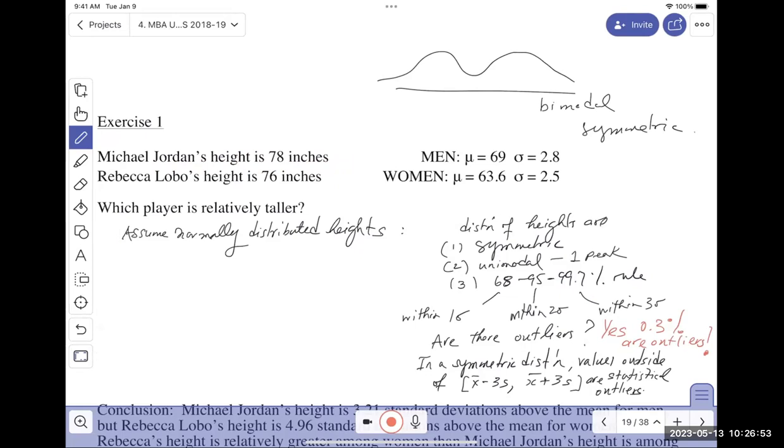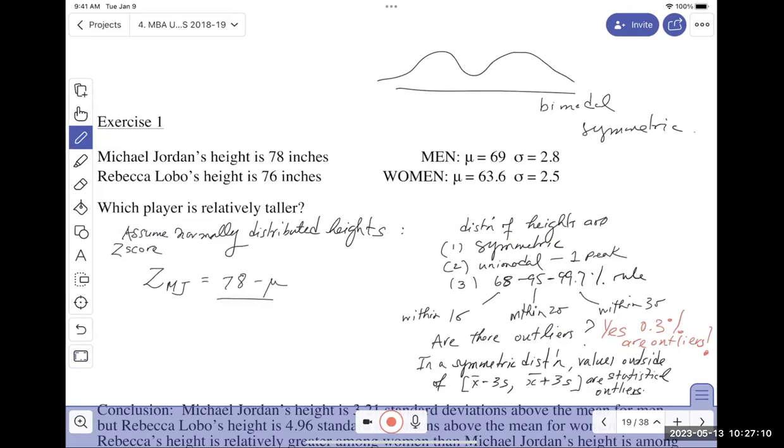So for Michael Jordan, I'm going to calculate what's called a Z-score. So this is Michael Jordan. This is a Z-score. I'm going to standardize the value 78.